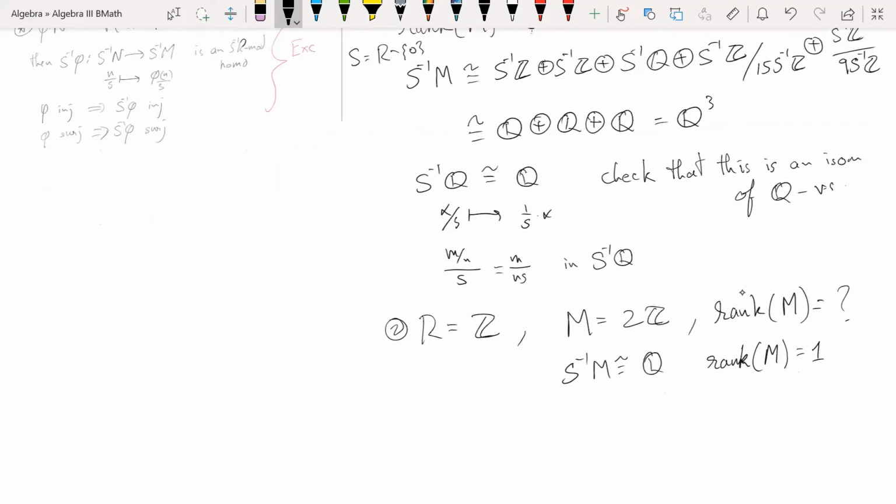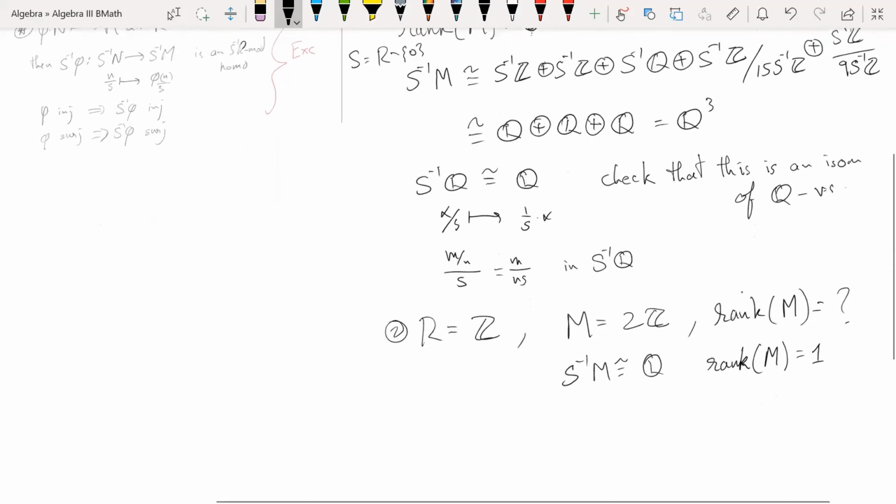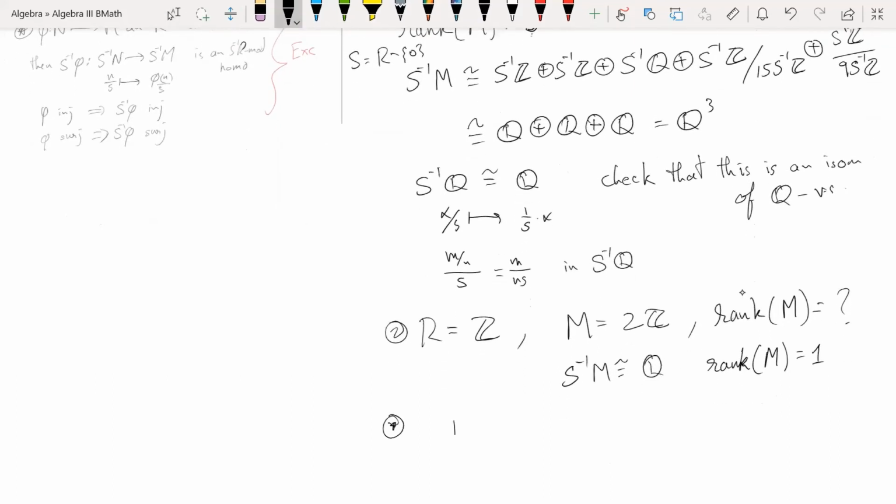In fact, what you can generally show is: if I contained in R is a non-zero ideal of an integral domain R, then the rank of I is 1. We have defined rank only for integral domains. Basically you are inverting something.